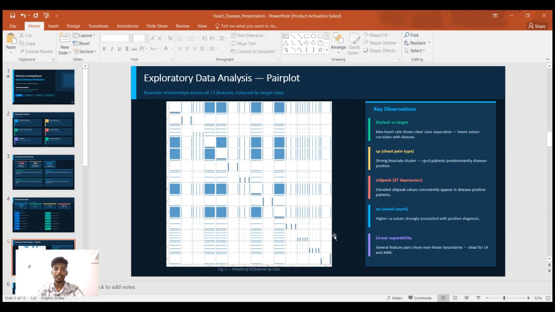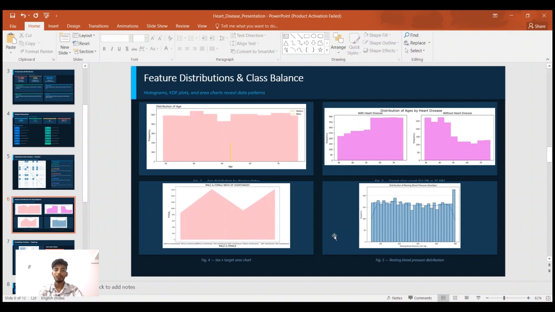Certain types of chest pain strongly indicate disease presence. High vessel count is directly associated with high risk. These insights help to understand how features influence the prediction.